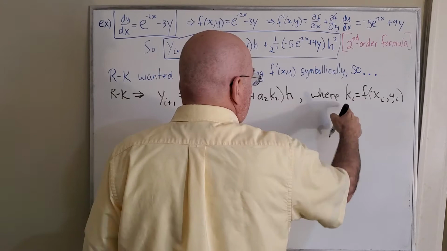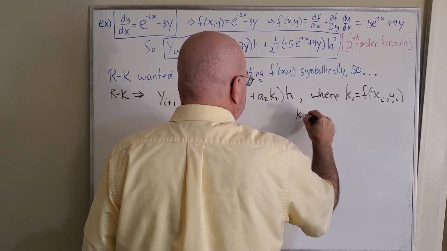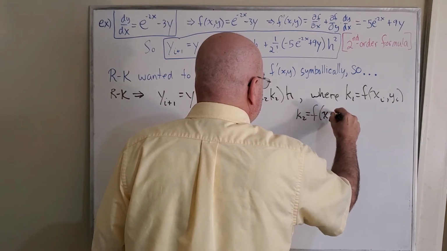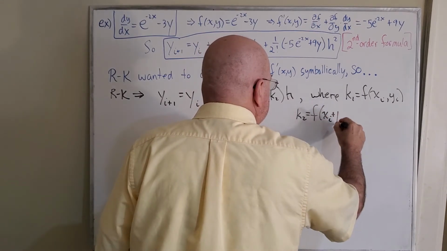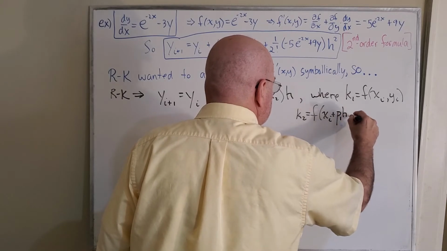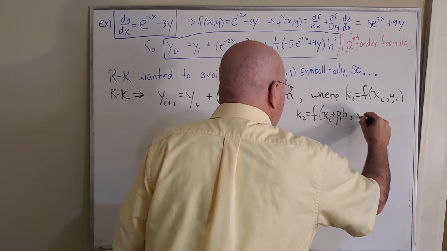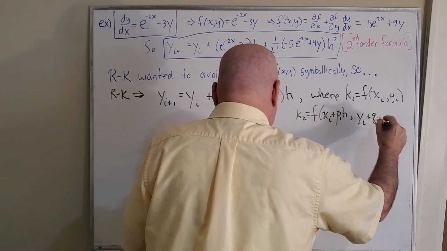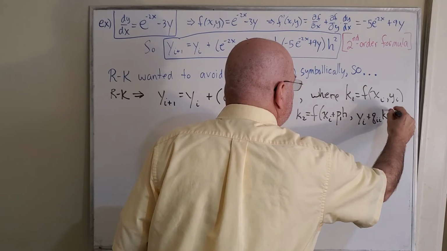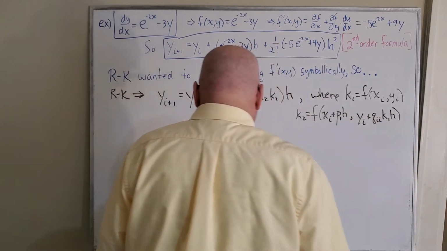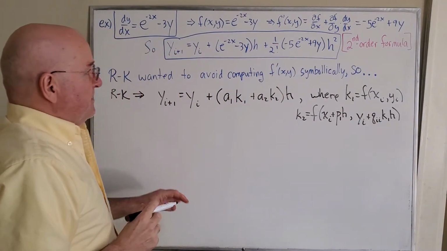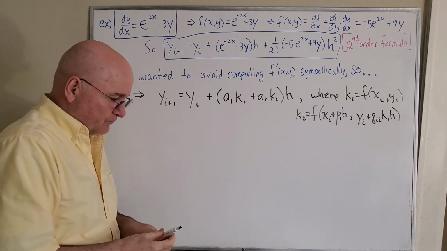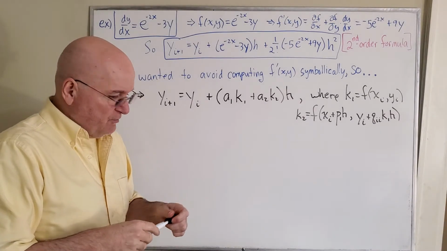And k2 is a little longer, so I'm going to need to come back here. k2 is f of x_i plus p1 k1 h, comma, y_i plus q11 k1 h. So we introduced some unknowns here that we'll discuss in just a few minutes.